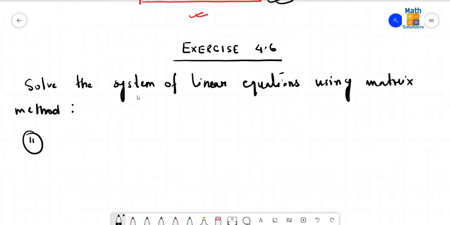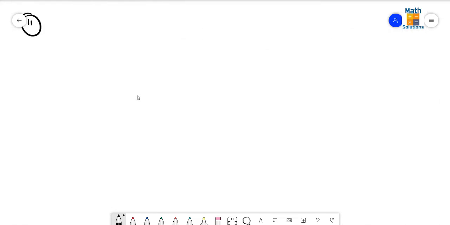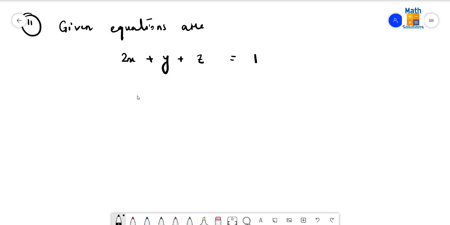The system of equations given, I shall be writing here, given equations are, what do I get here? Twice x plus y plus z is equal to 1.